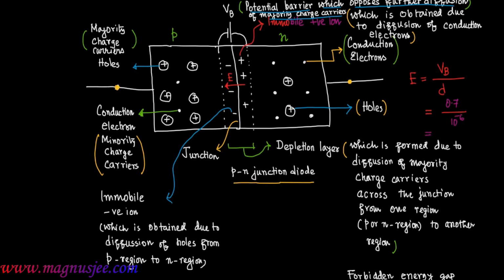What should be the value of the electric field intensity acting across the junction? That will be 7 into 10 to the power 5 newton per coulomb or volt per meter. That is the electric field acting from the n side to the p side, and it opposes the further diffusion of majority charge carriers.